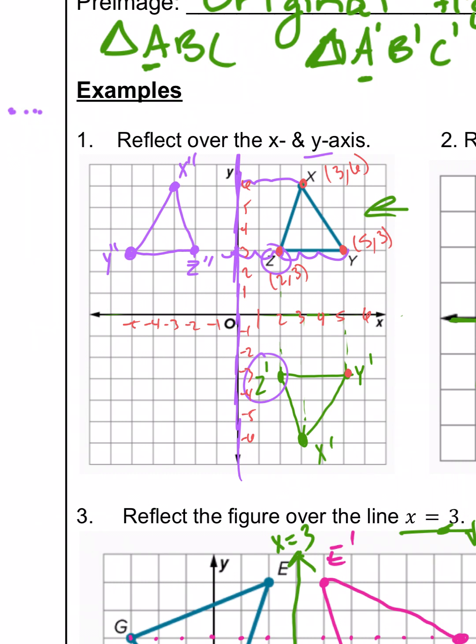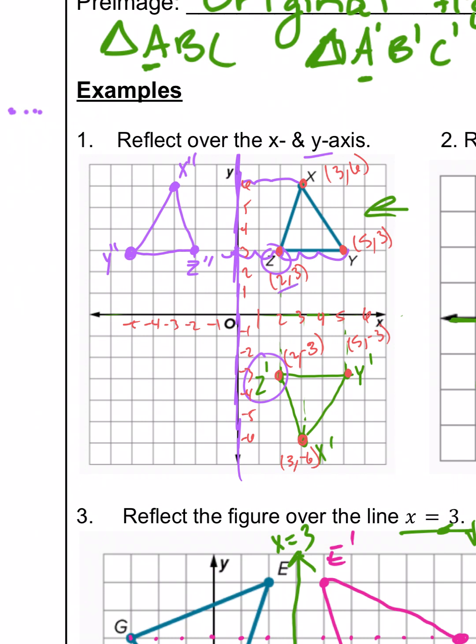Y prime is the point 5, -3. X prime is at the point 3, -6. Z prime is at the point 2, -3.